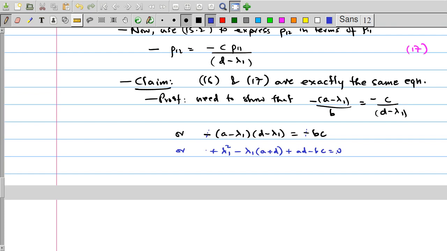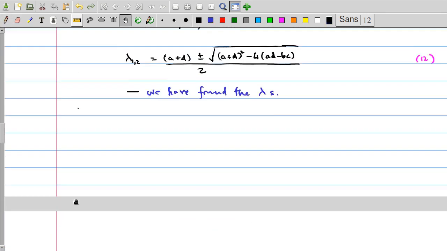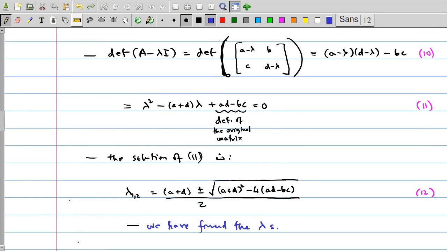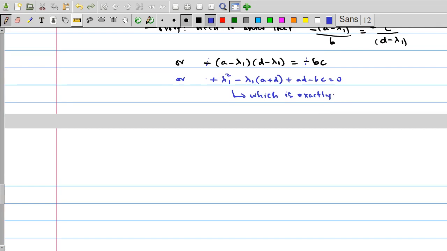Which is exactly equation 11, of which lambda 1 is a solution, right? Okay.